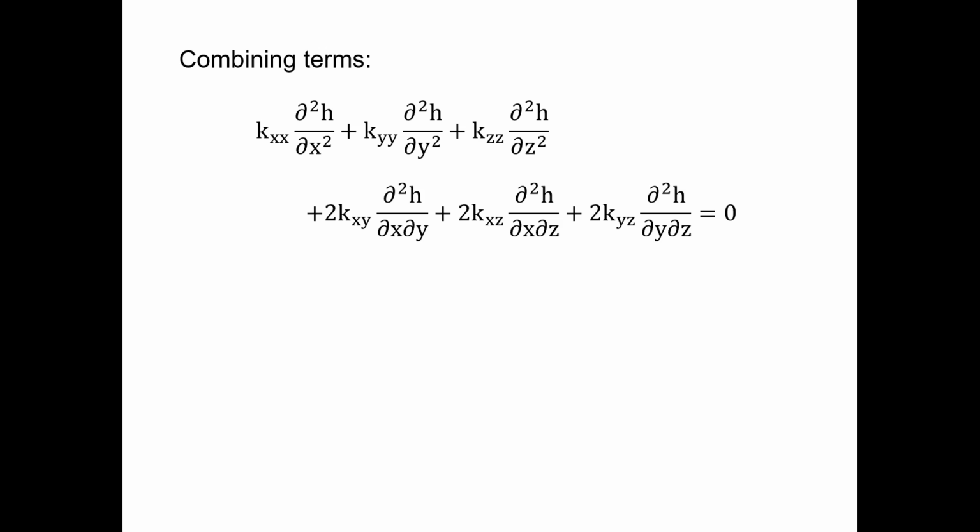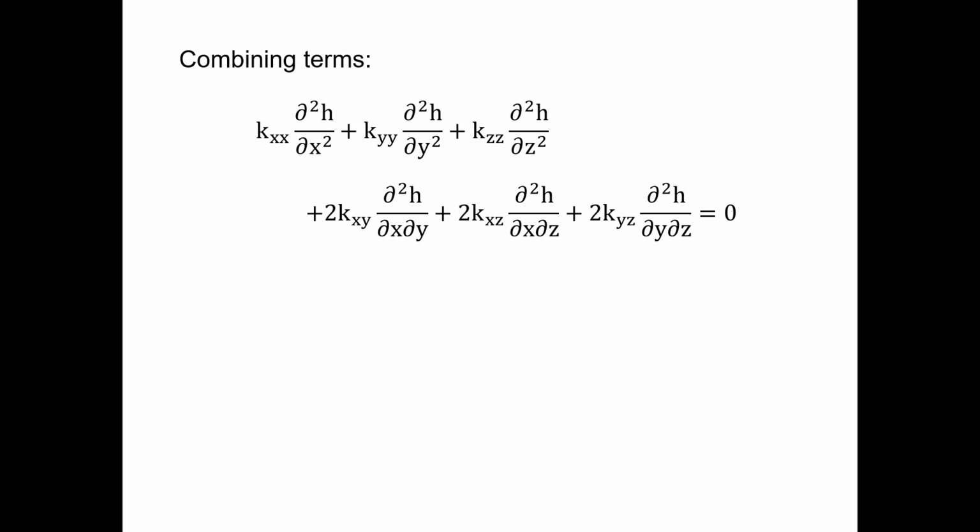Therefore, we can combine those terms, and this becomes our full equation for the general case in 3 dimensions. And remember, since we have the kxy, kxz, kyz, that means our off-diagonal terms are non-zero.